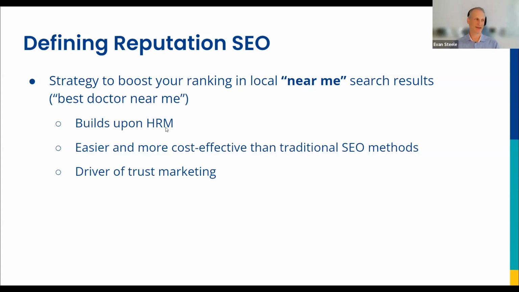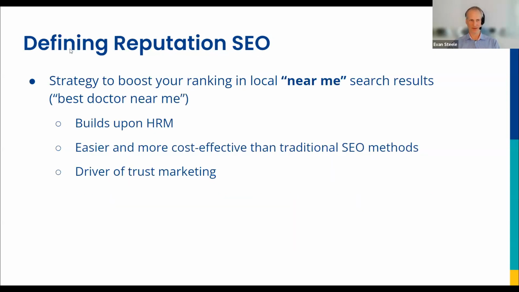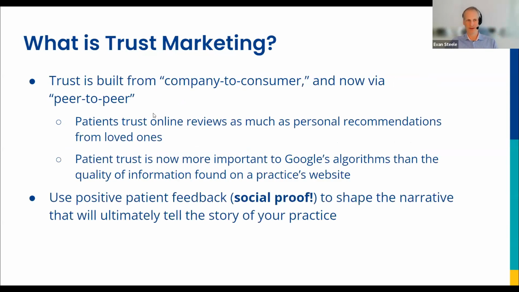You do tags, and you have content, and you keep your website fresh with new content. There's all this stuff you do on your website. But again, you want to work with Google's algorithms. So that's reputation SEO. You want to make sure you're doing the right things to have Google recommend you in those near me searches.